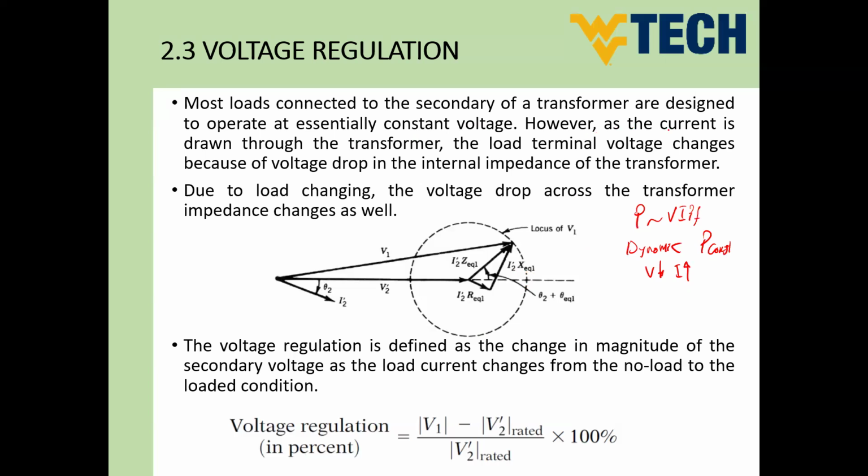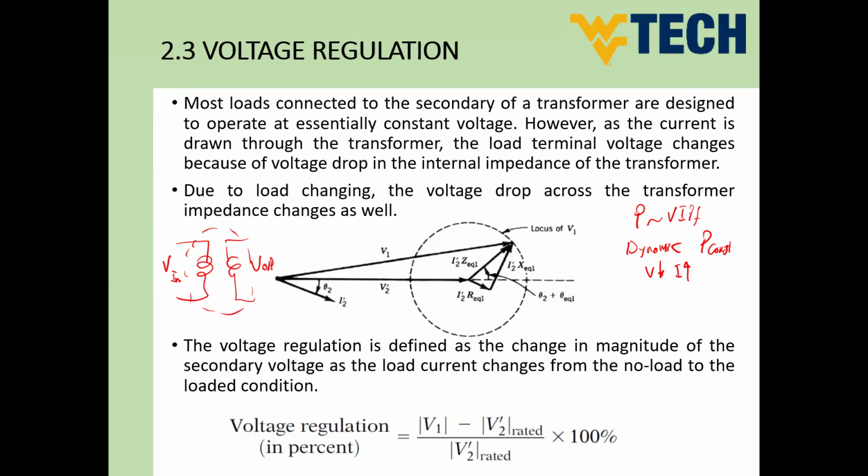However, as the current is drawn through the transformer, the load terminal volt changes because of the voltage drop in the internal impedance of the transformer. So if you imagine that this is our transformer, we have here a certain V input, and this is the output volt required, and you have some internal losses and voltage drop across the transformer.